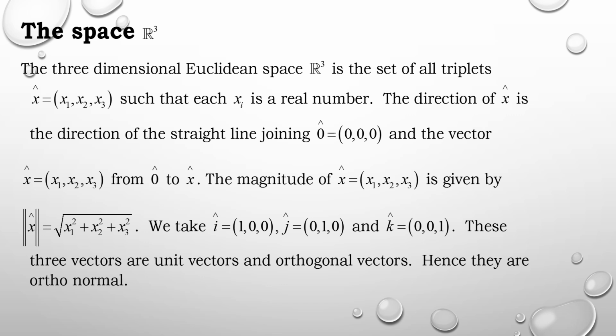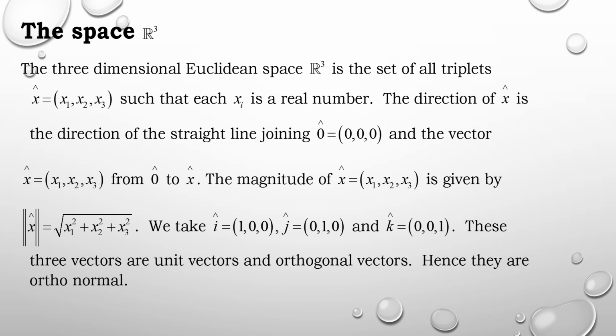We can add any two vectors in the three-dimensional space. If we take x cap equals x1, x2, x3 and y cap equals y1, y2, y3, their sum is given by another vector x1 plus y1, x2 plus y2, x3 plus y3.